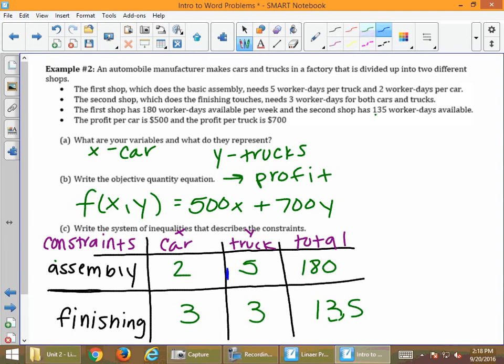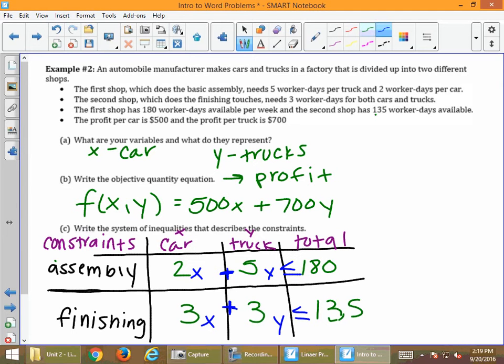Again, we add here. Fill in your variables. What's our sign going to be? Is it going to be greater than or equal to or less than or equal to? Or both, because we can't go over those amounts. You can't go over, and it has to be less than or equal to. Is it normally less than?